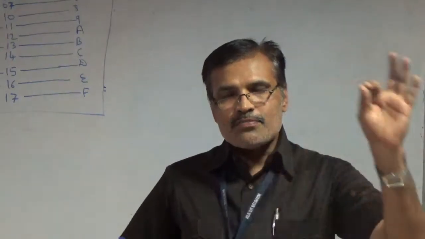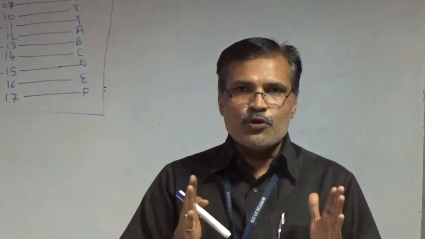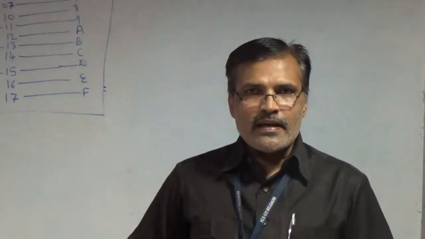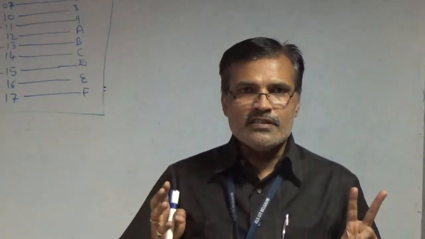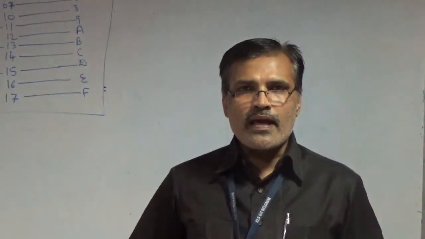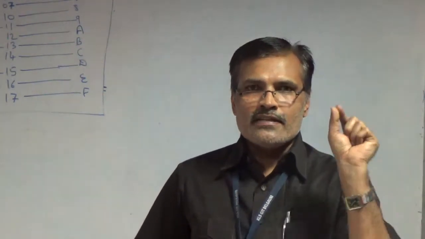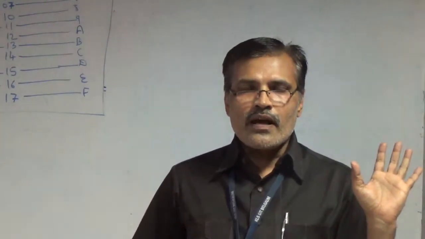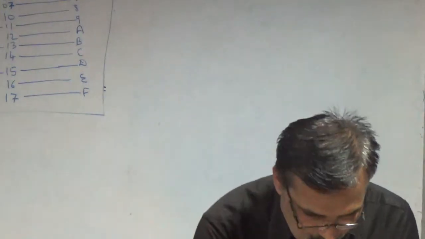But with the decimal number system, we have 10 symbols at our disposal, whereas in this case we have only 2 symbols at the computer's disposal. Whatever has to be carried out should use only 2 states or 2 symbols, that is 0 and 1. We should keep this in mind. Let us continue now.